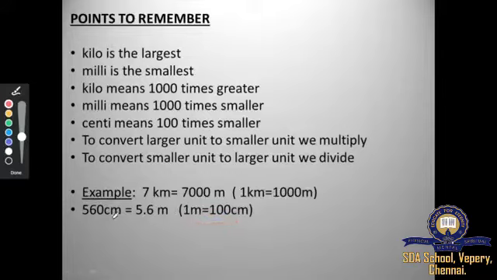While converting a smaller unit to a larger unit, we need to divide. So it is 560 divided by 100, which is equal to 5.6 meter. Therefore 560 centimeter is equal to 5.6 meter. The important thing here is: to convert a larger unit to a smaller unit, we multiply. To convert a smaller unit to a larger unit, we divide.